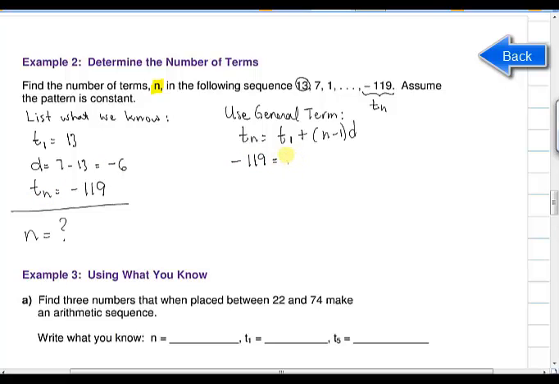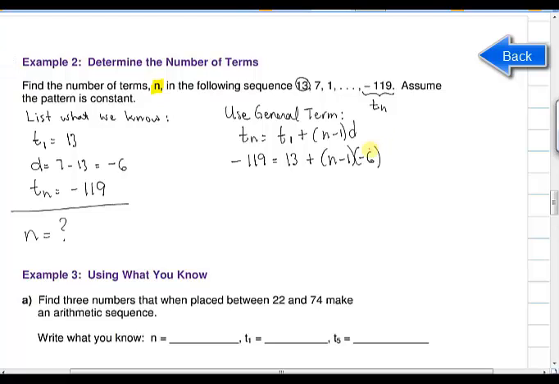We know that t1 is 13. We don't know what n is, but we do know that d is -6. So we have an equation where the only variable is n, so we're going to solve for n.